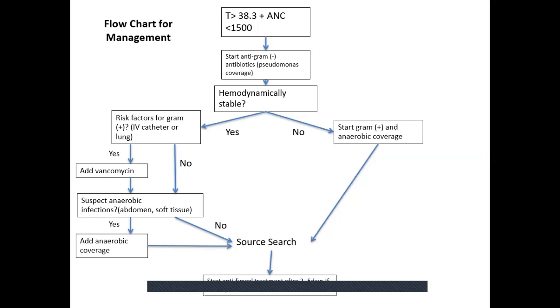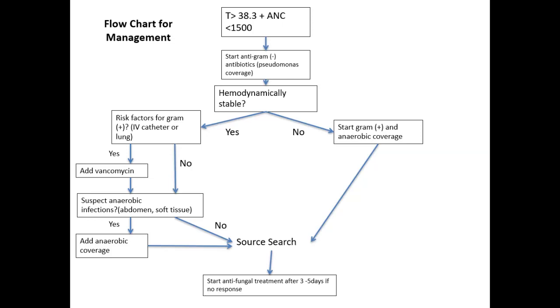So for patients who are hemodynamically stable, they have no hypotension, no tachycardia, we look if they have risk factors for gram-positive bacteria, like if they have lung infection, which is evident by chest X-ray or a CT scan of the lung, or if they have intravenous catheter, we add vancomycin to the anti-gram negative antibiotic that we gave to start with.